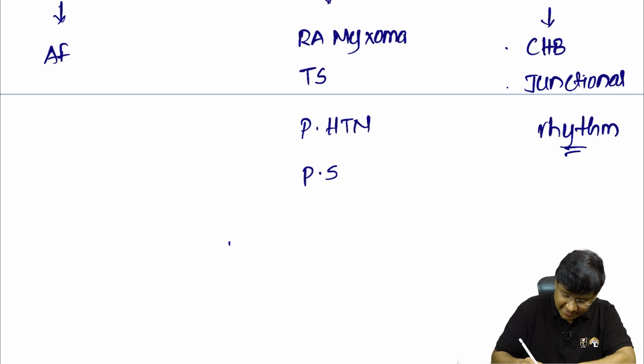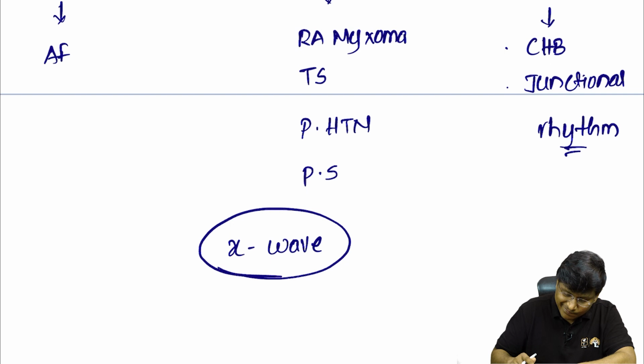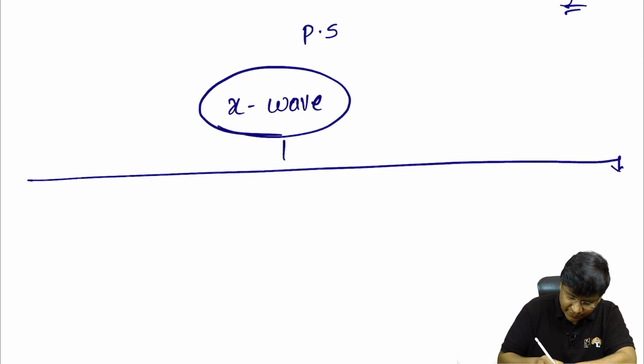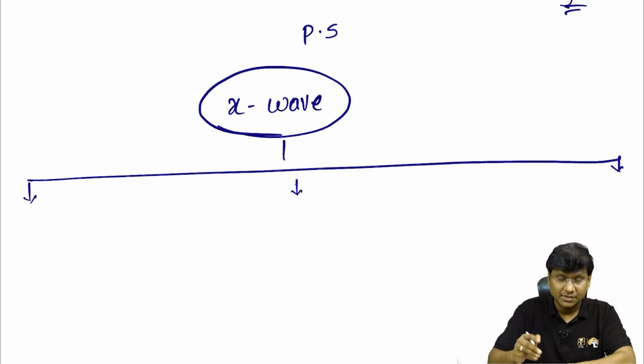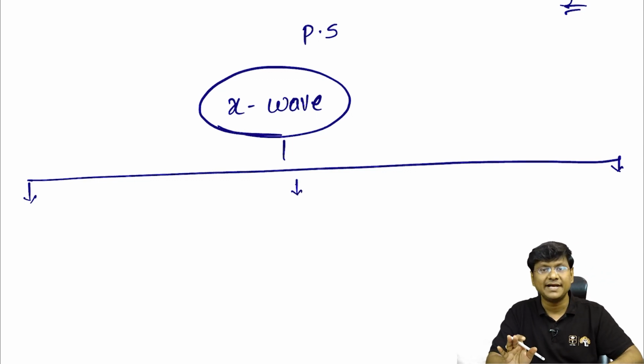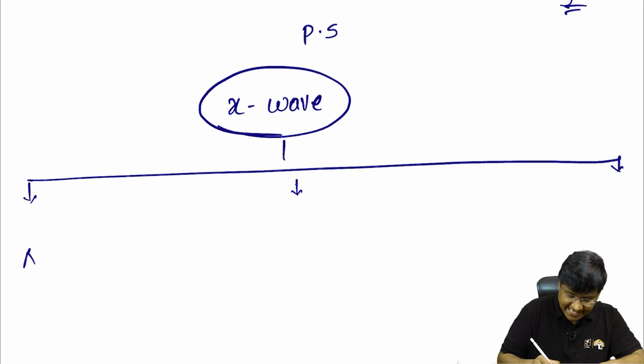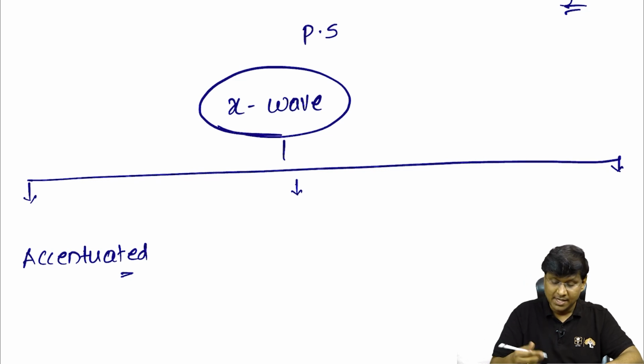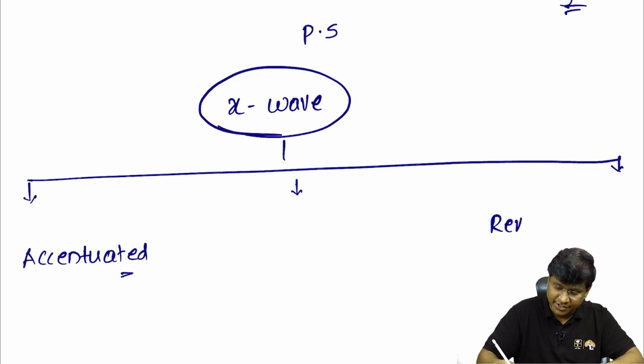Then you take the abnormalities related to the X wave. First and foremost, the scenarios where the X wave is accentuated, right? So X wave represents what? That is atrial relaxation, where the pressure within the right atria is dropping down, and there is one condition where there is reversal of the X wave.